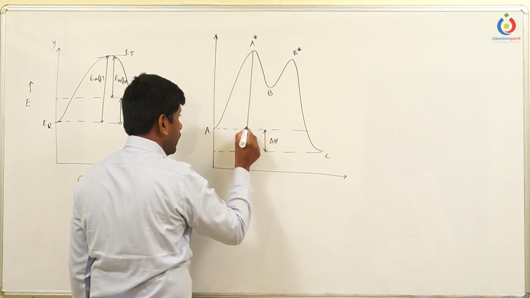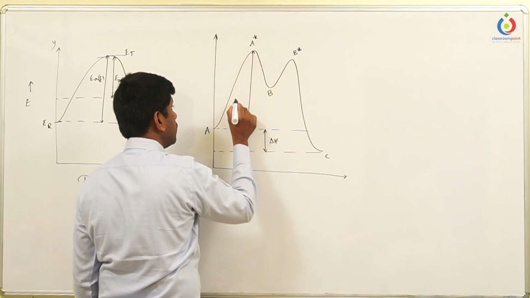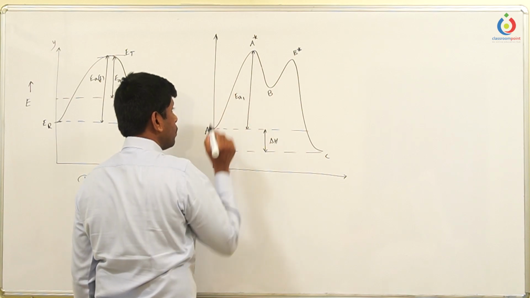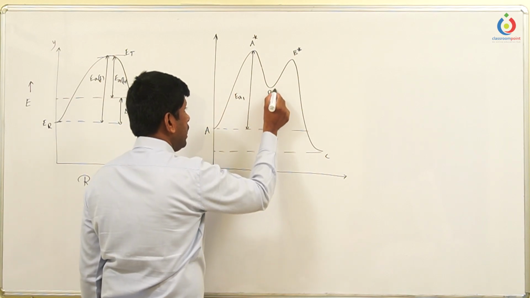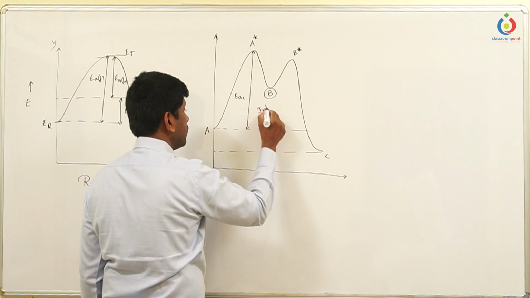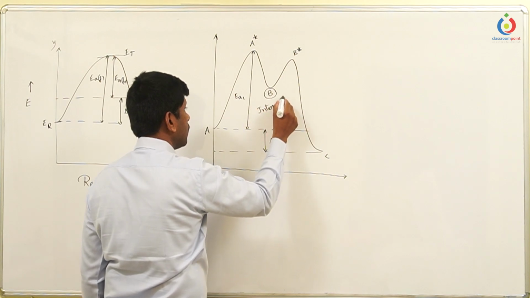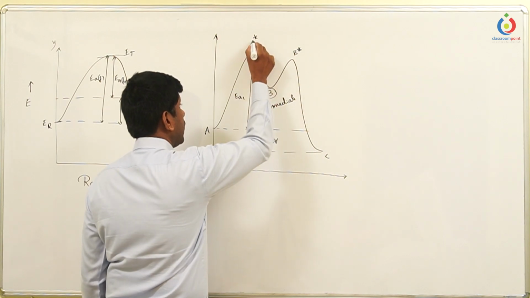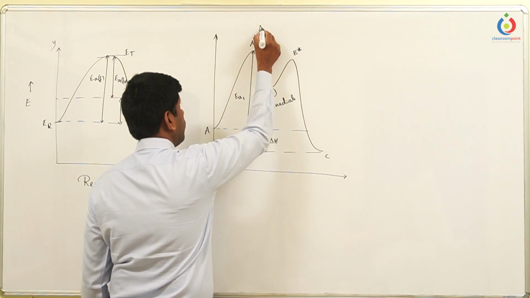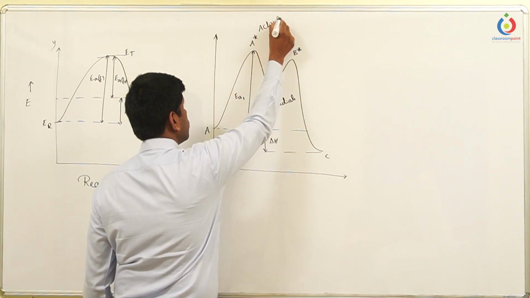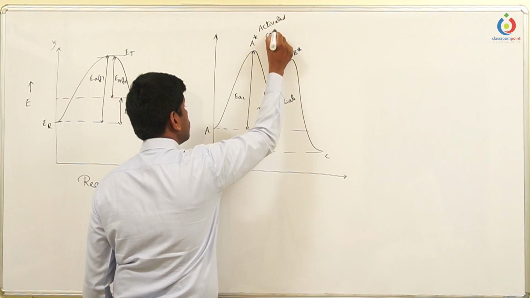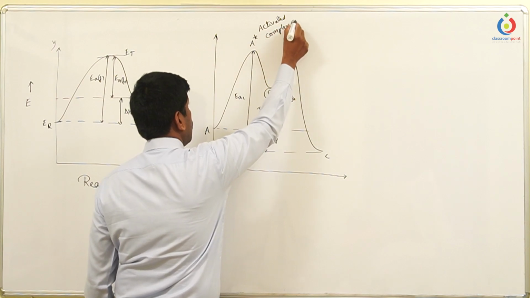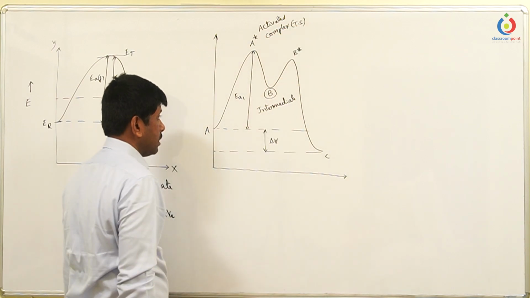This is the activation energy EA1, I am considering this one as EA1, and B is the intermediate. A star and B star are activated complexes, or they are also known as the transition states.